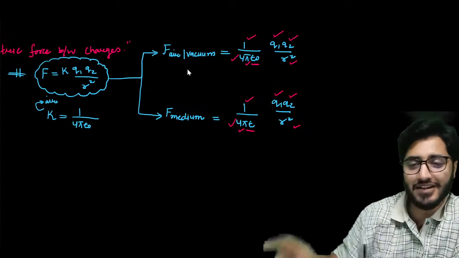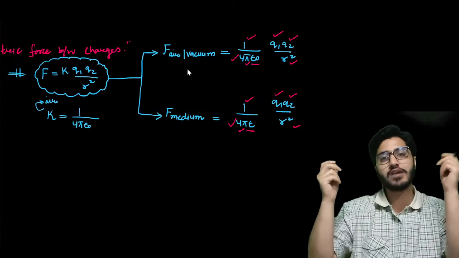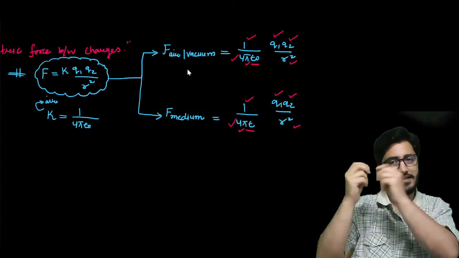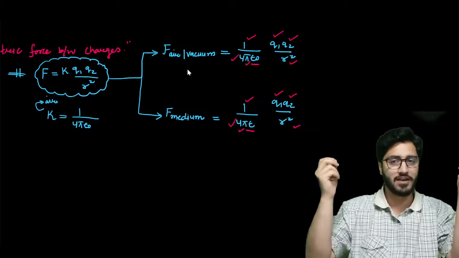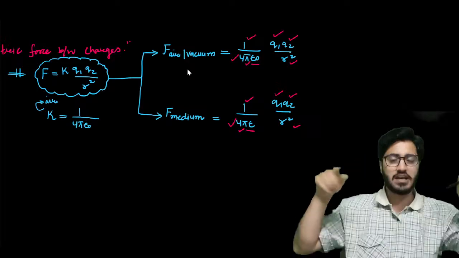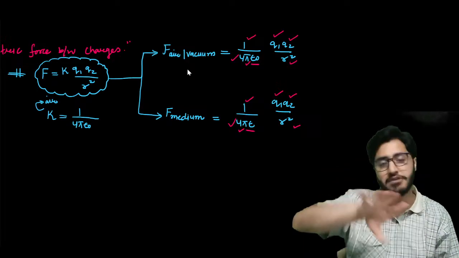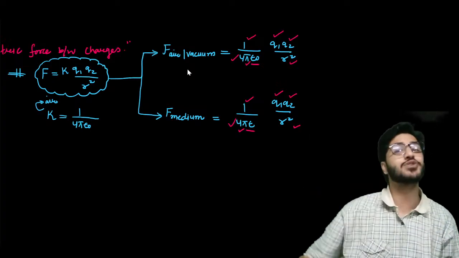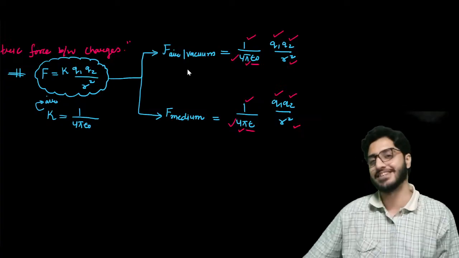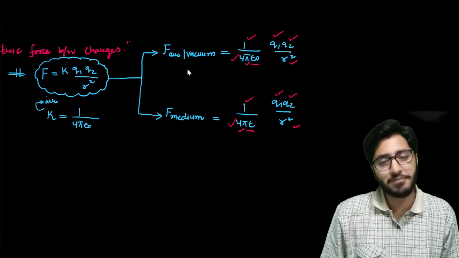Now here, if we're talking about one particle and one more particle, this particle is exerting some force on it. But here we have some medium. This medium will be giving some permission to this force to pass through it. And this permission is known as permittivity.